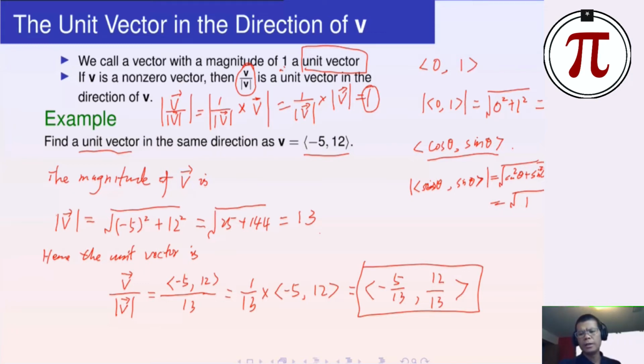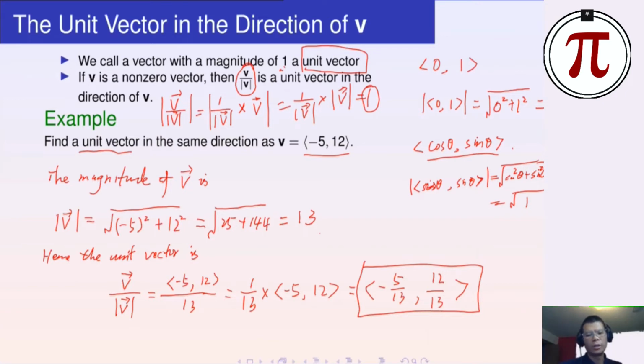Now let me ask you another question. What if we want to find a unit vector in the opposite direction? Would you inverse the sign? Inverse the signs, very good.